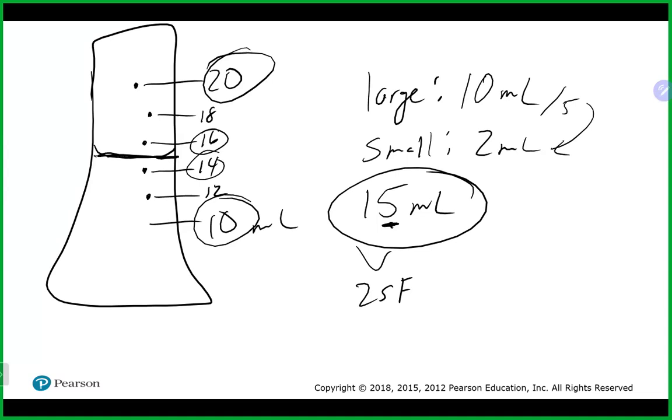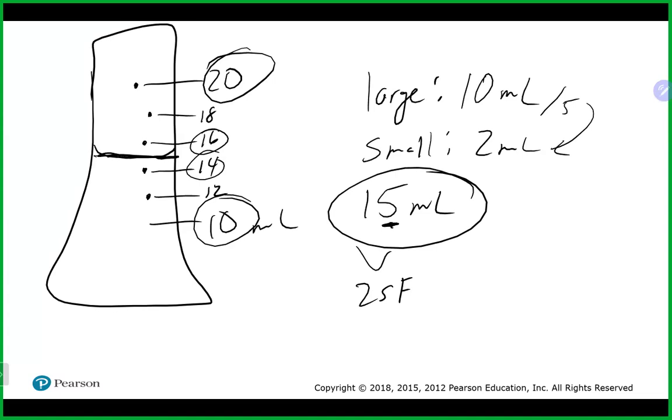So it's really important to look at your scaling because it can be different depending on the piece of equipment that you're using. And it may not even be the same as the person standing next to you in lab because they might have bought it from a different vendor that has different markings on the scales. Now, typically speaking, you can take a reading properly to one more place to the right of the smallest marking.